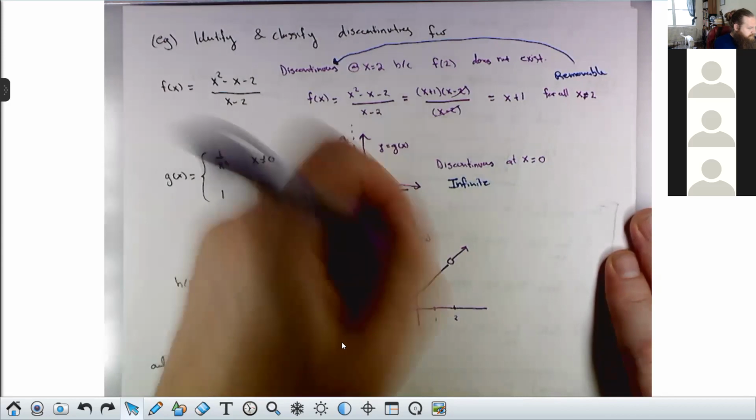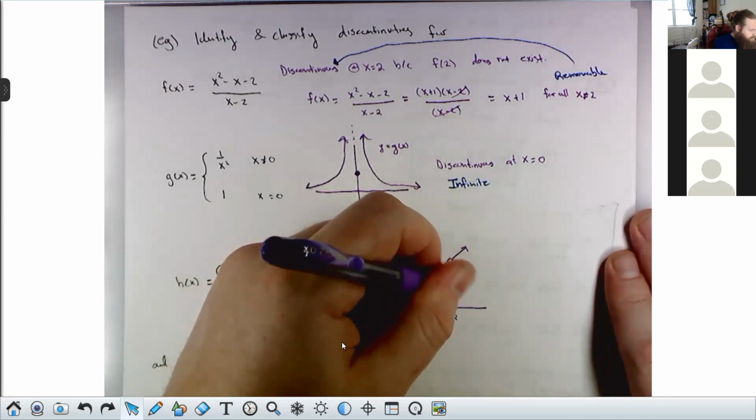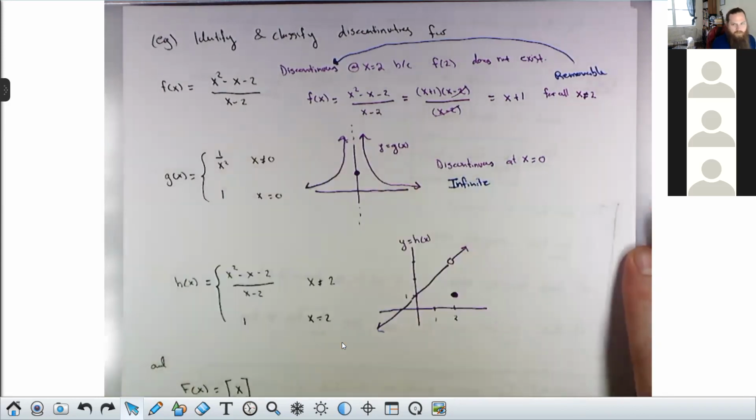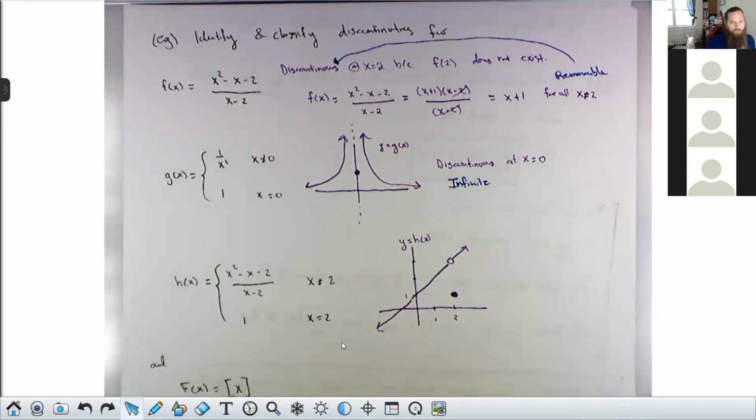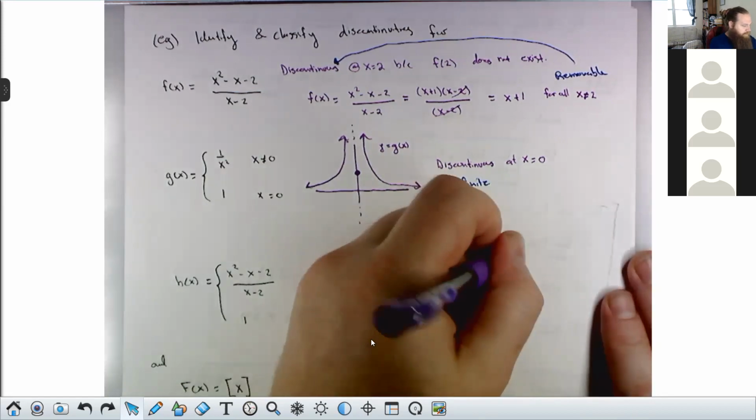Graph y equals h of x. Still discontinuous, right? This still has a removable discontinuity.